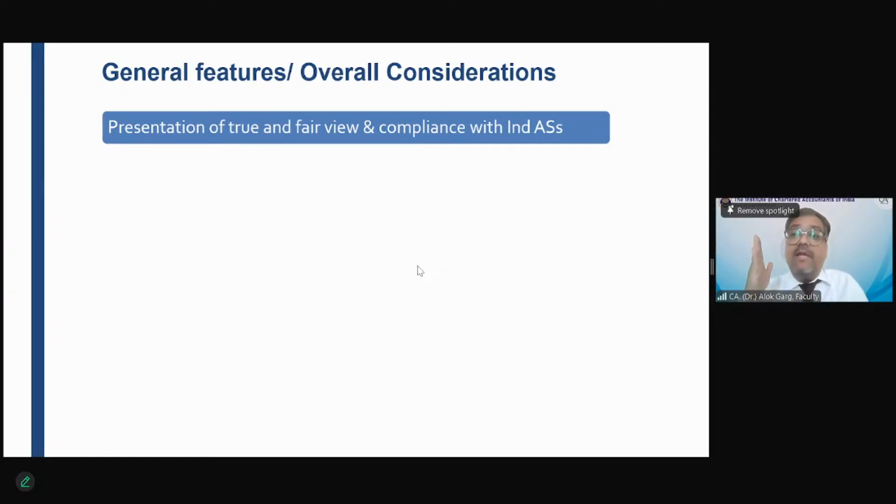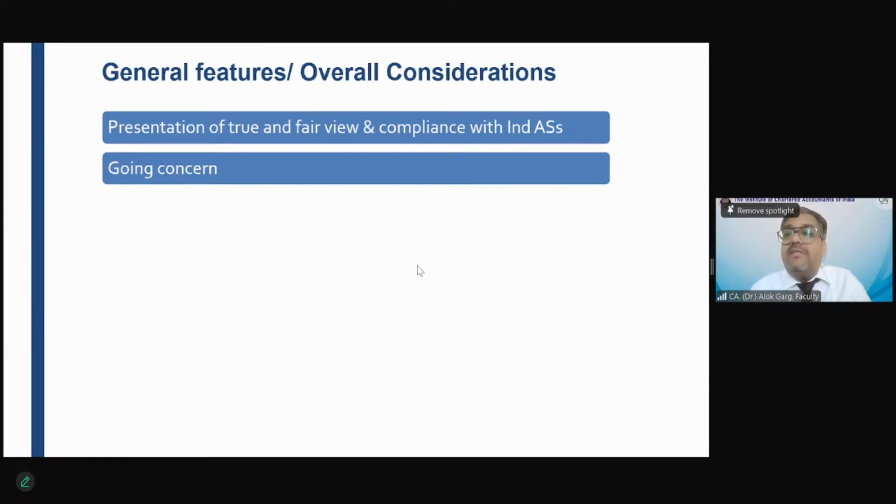Management has to give this statement for all Ind AS applicable to the company. Under the section statement of compliance in the notes to accounts, management should say that our financial statements have been prepared in compliance with all applicable Indian accounting standards.